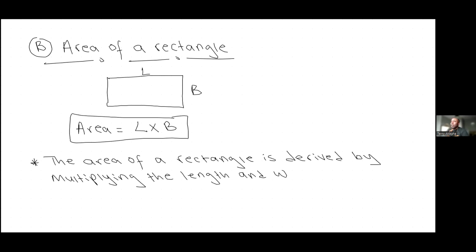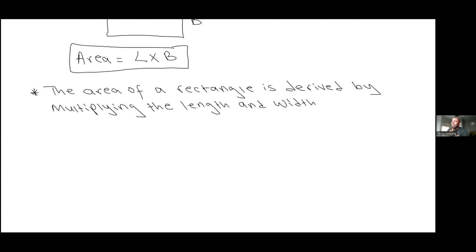So the length times the breadth is going to give you the area of the rectangle.